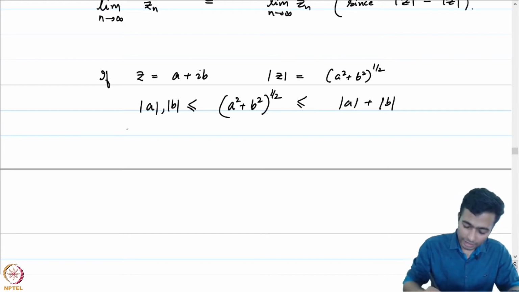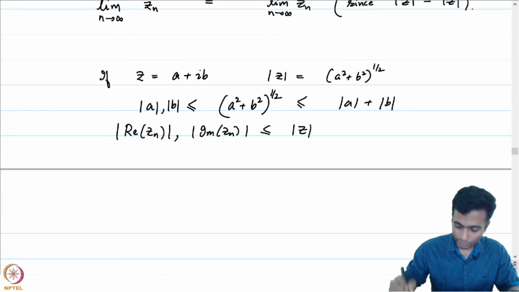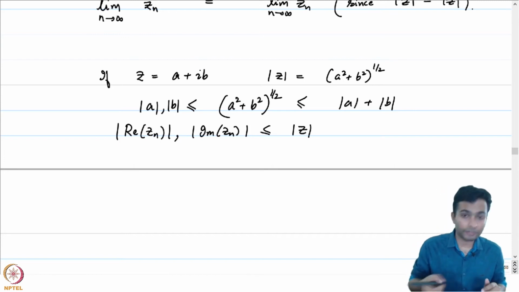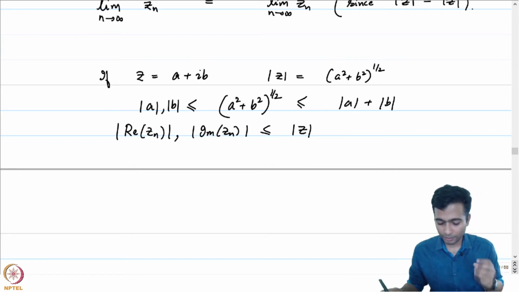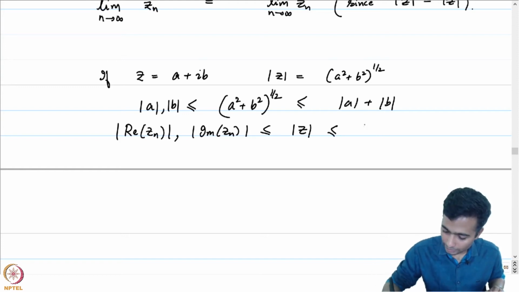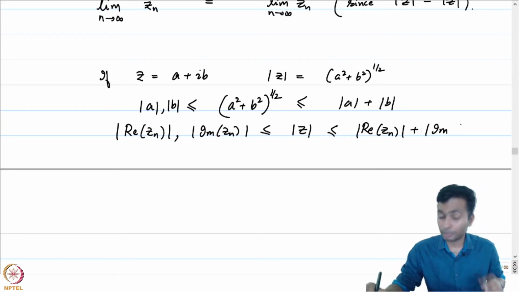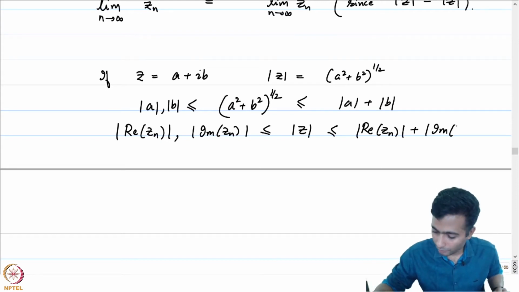This basically tells us that the absolute value of the real part of Zn and the absolute value of the imaginary part of Zn is less than or equal to the absolute value of Zn. Notice that the left hand side actually consists of real numbers, Z is a complex number. Again, the right hand side tells us that this is less than or equal to the absolute value of the real part of Zn added to the absolute value of the imaginary part of Zn.